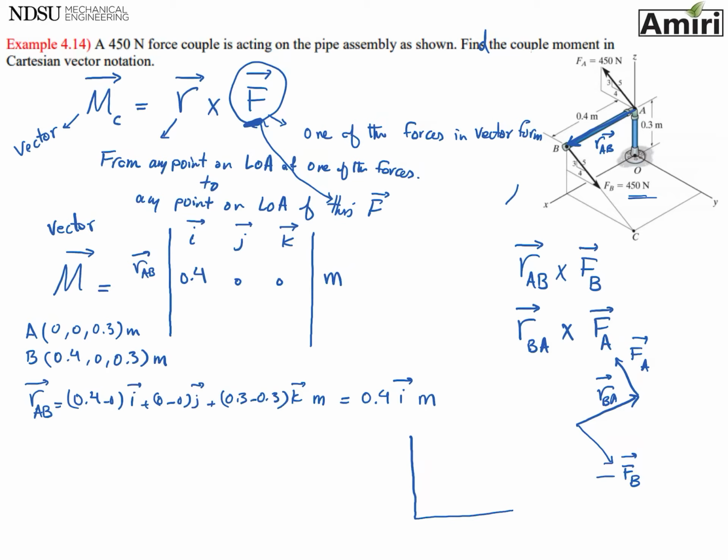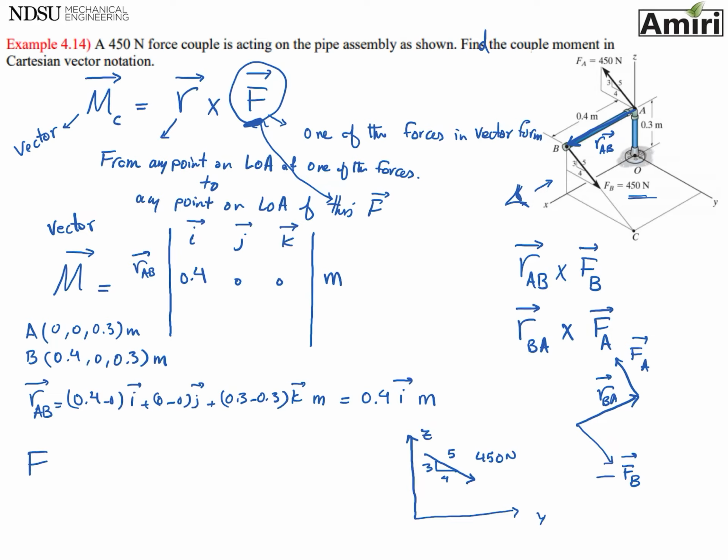I'm looking at it this way, so all I see is a Z axis, Y axis, and a force that is like this, 450 Newton with a slope triangle of 3, 4, and 5.